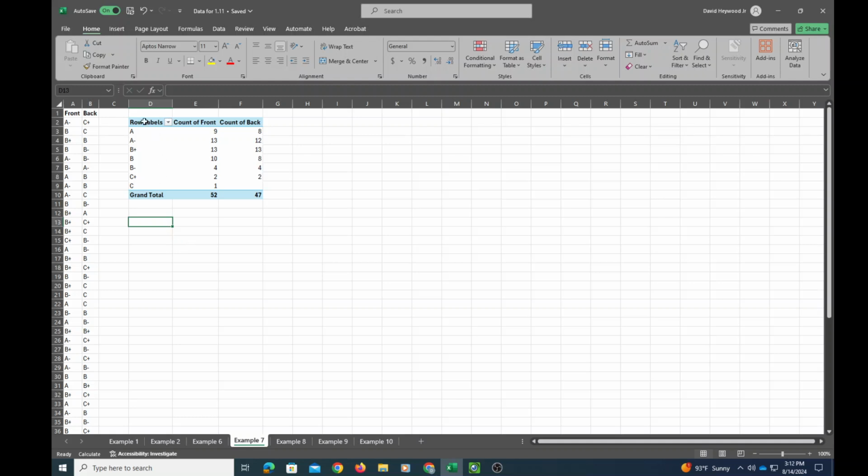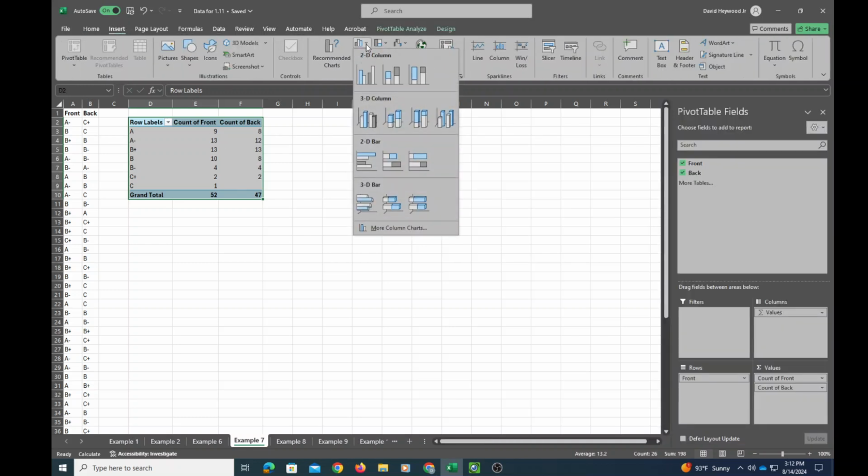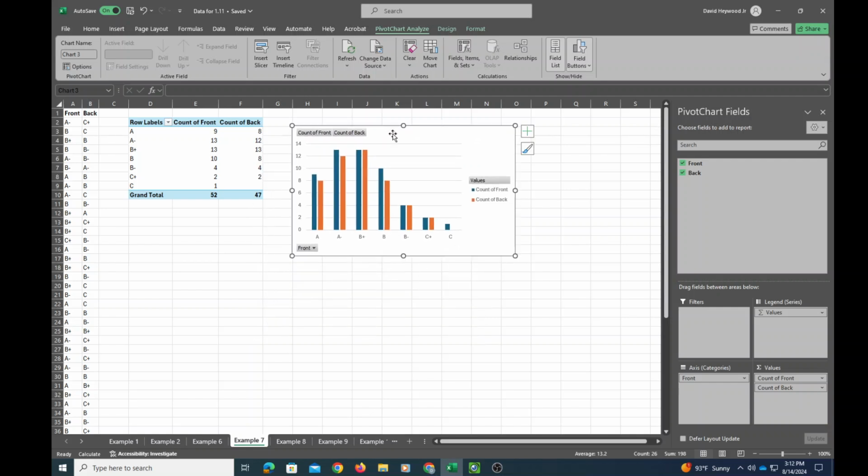If I wanted a side-by-side bar graph out of this, I can select this and say Insert and bar graph. And then it gives me a nice side-by-side bar graph. Oh, of course, I don't actually want a side-by-side bar graph of the counts or of the frequencies. I want a side-by-side bar graph of the relative frequencies because there weren't the same number of students in these two categories.